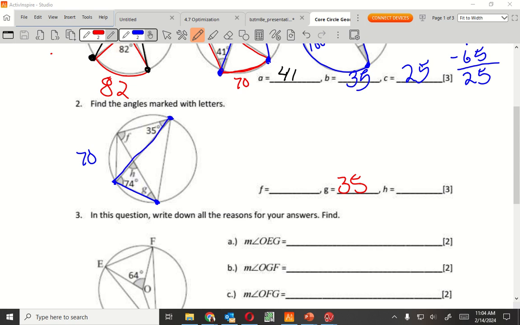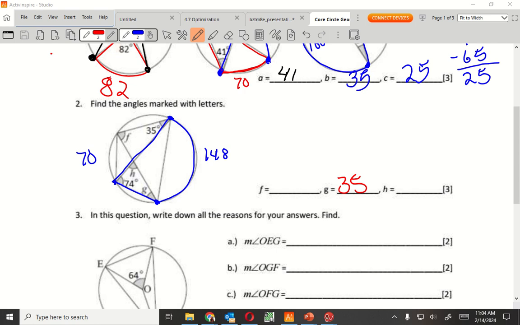So this 74 degrees right there is what type of angle? It's inscribed. You notice a pattern here, right? We're all dealing with inscribed angles. All these inscribed angles, it's half of my arc. So if 74 is half, the arc has to be what? Very good. 148. Very good.